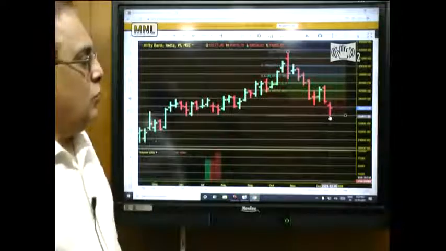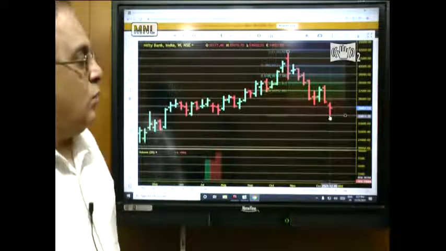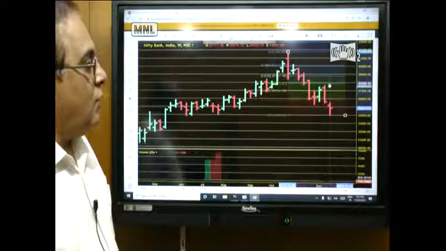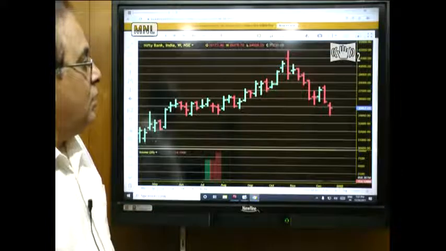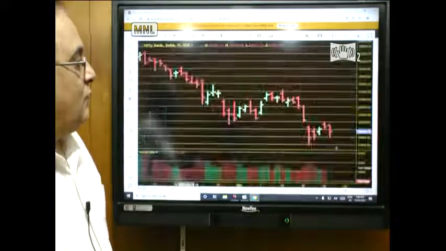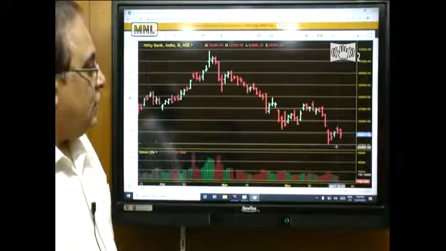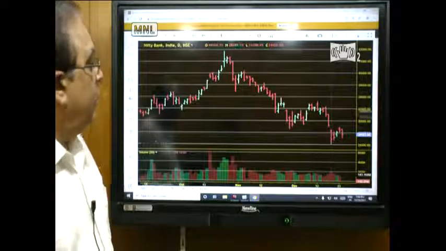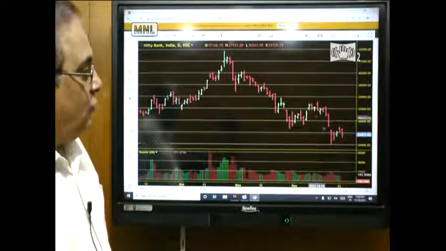Now you can use whatever way you want as far as the trading is concerned. That depends on each one's comfort of how much stop loss they want to keep. If you look at even from this top to bottom, we can look at it from the daily chart. So this is one low, and this is one high, and this is one bottom.